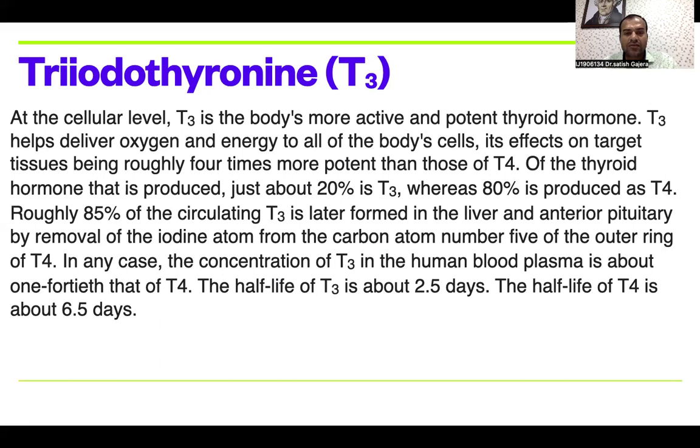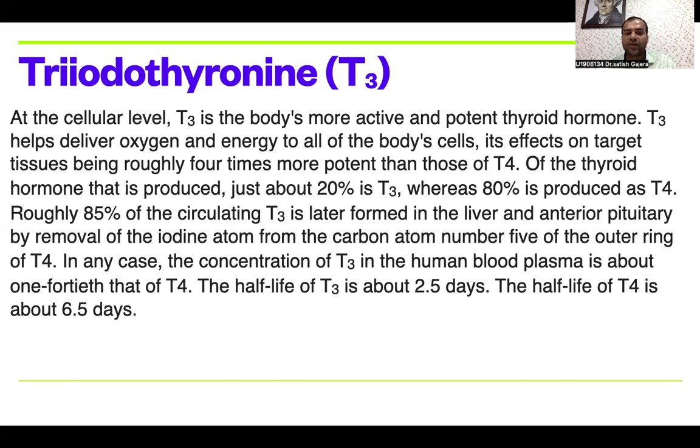So T4 is converted into T3 by removing an iodine atom from its molecule. This process occurs in the liver, and 85% of circulating T3 is formed there.